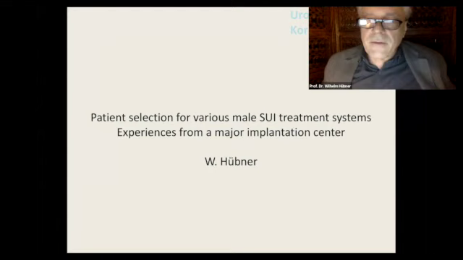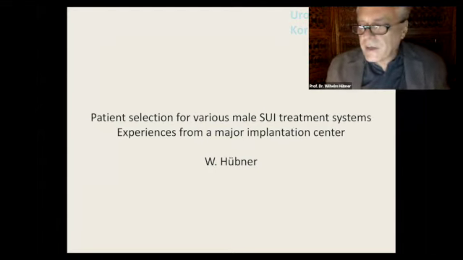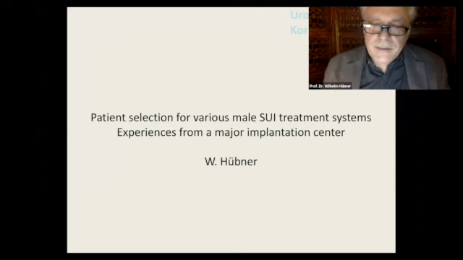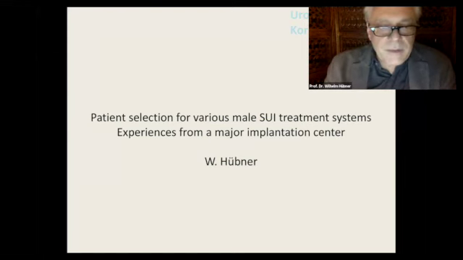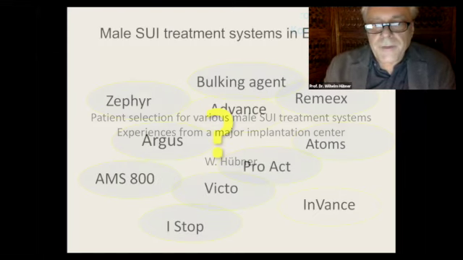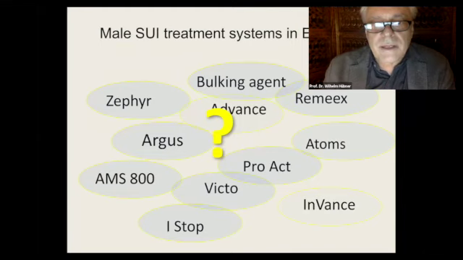Colleagues and friends, Emmanuel showed us all the different systems we have available now, and it will be my task to share some considerations as to how to decide between them. Things used to be pretty easy in the past.